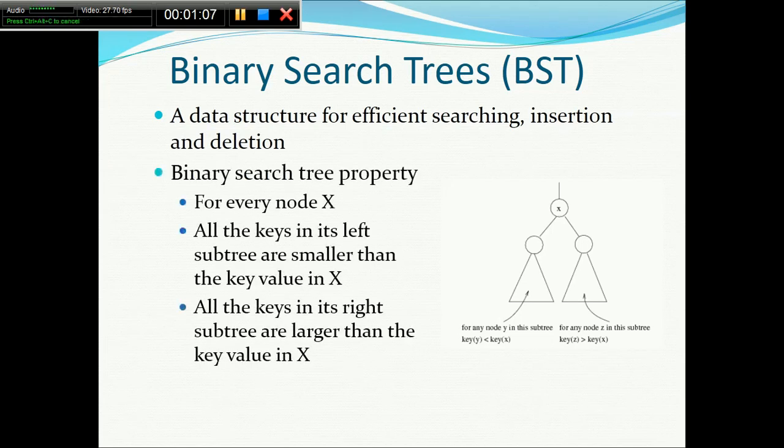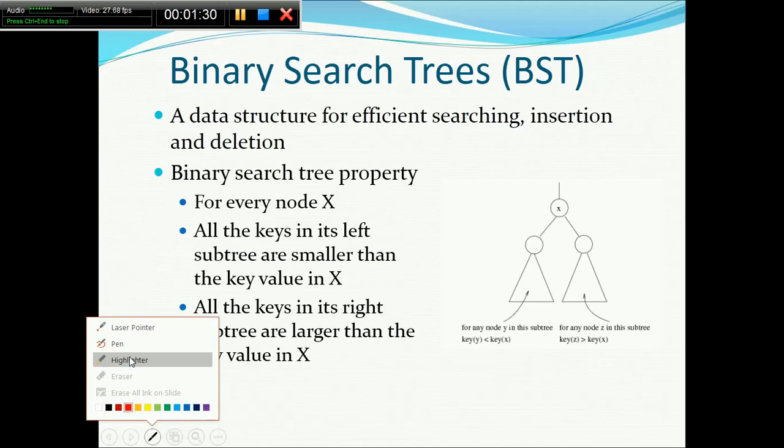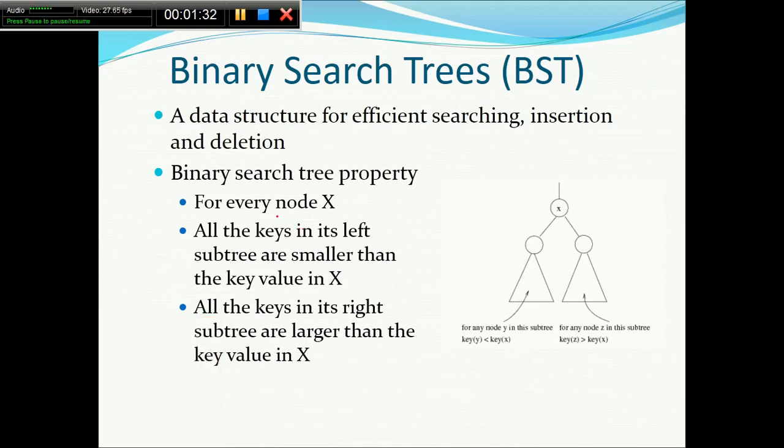Now first we have to understand the binary search tree property. For every node X, I am saying for every node X, all the keys in the left subtree, see here, are smaller than the key value in X. It means one thing, I am saying again, for every node X, this is important.